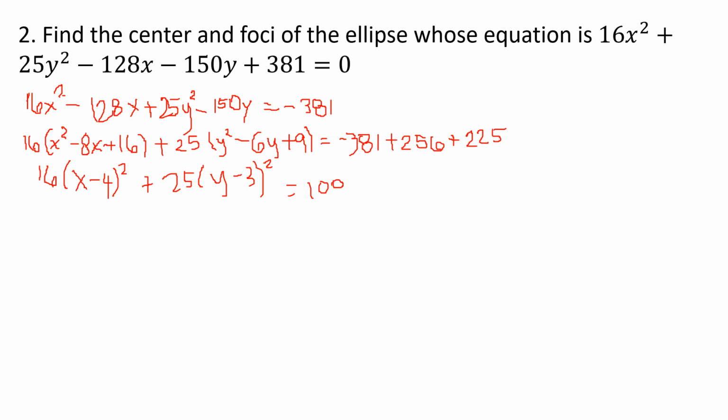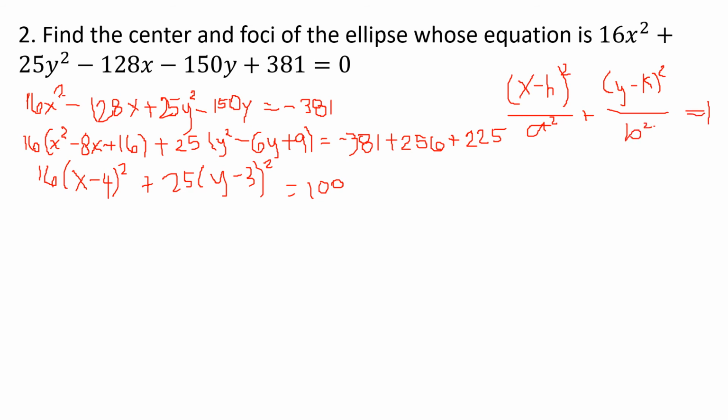Take note that the equation of an ellipse is in the form of x minus h squared all over a squared plus y minus k squared all over b squared equals 1.